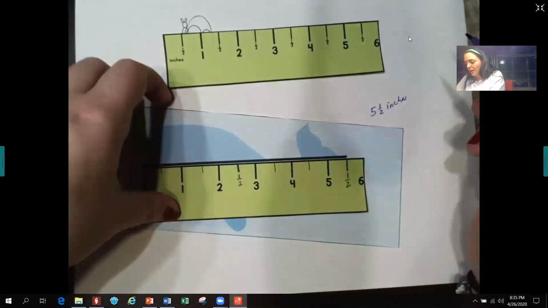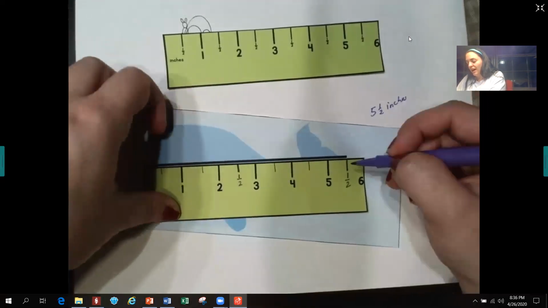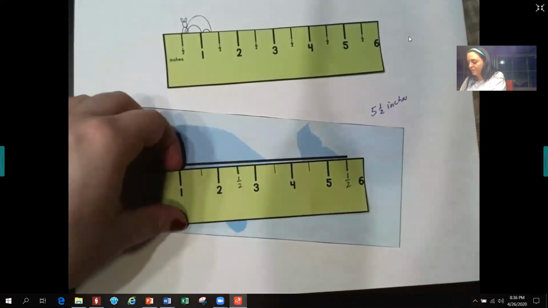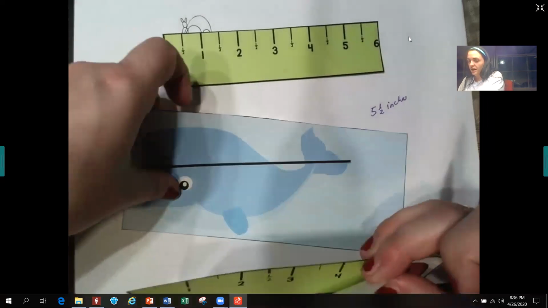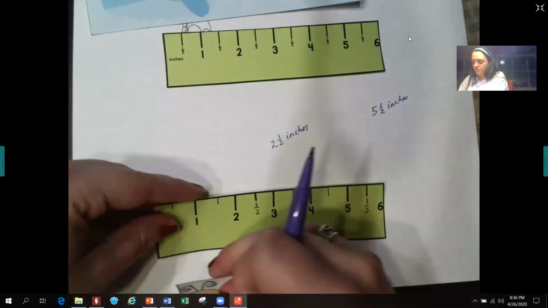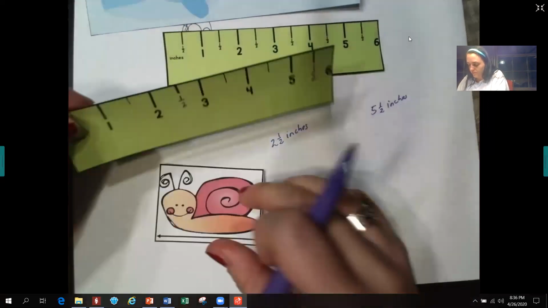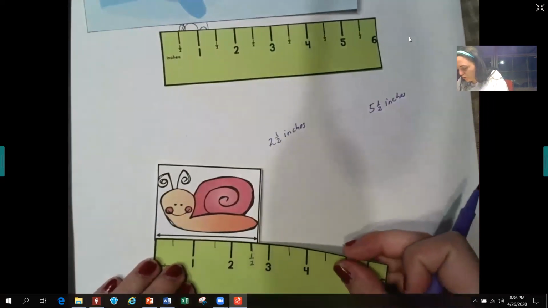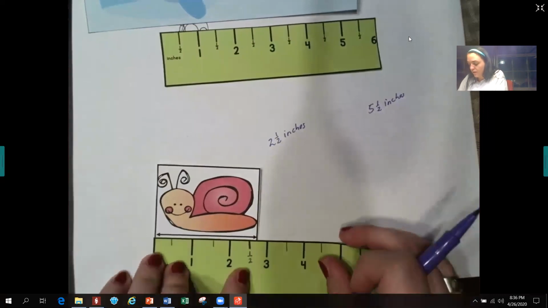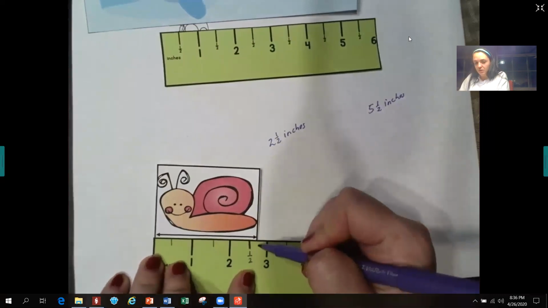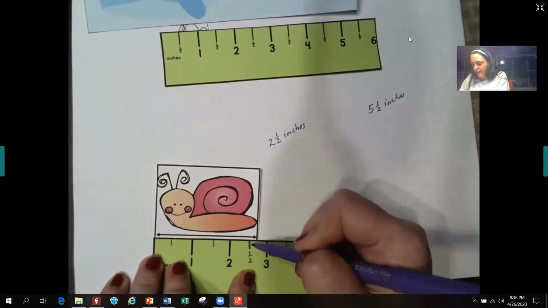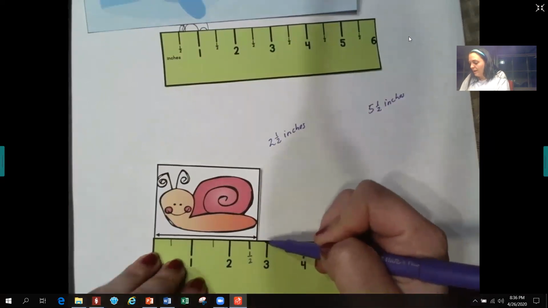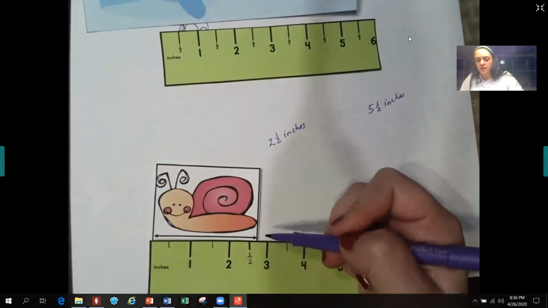But what if something doesn't end at the half mark? What if it ends in between the halves? What if it ends in between a half and a whole? Well, I am going to need to use a different ruler.